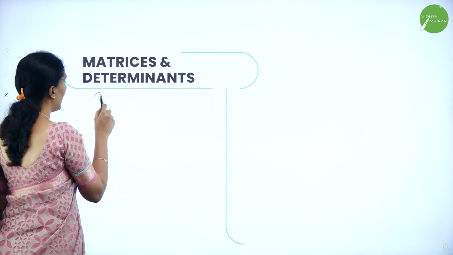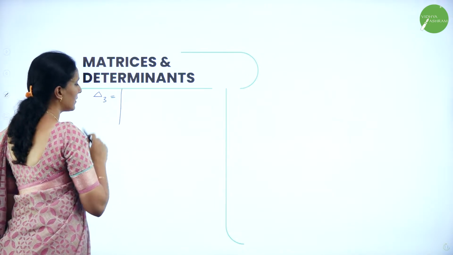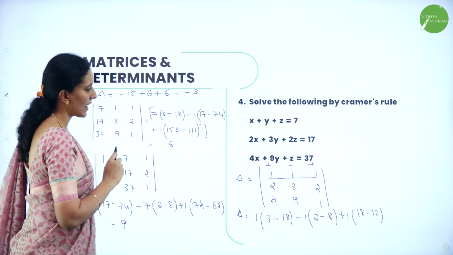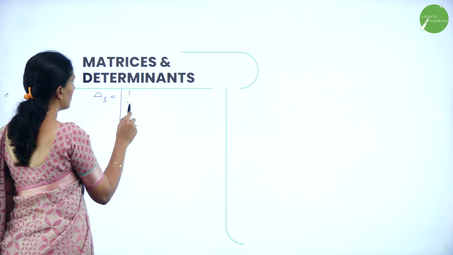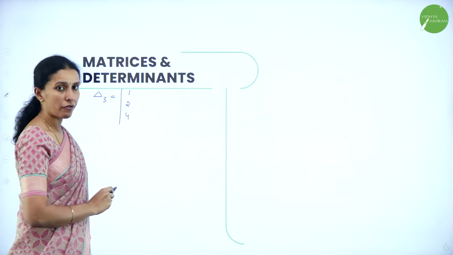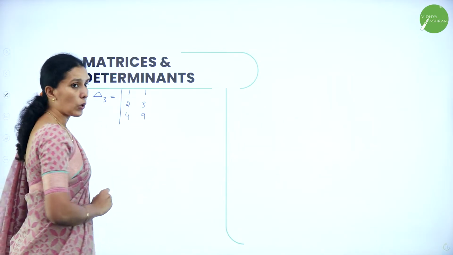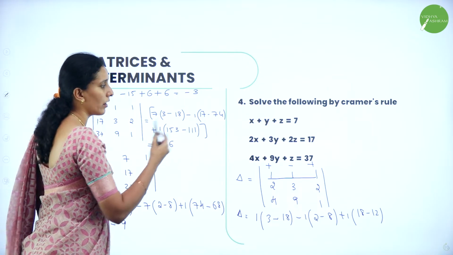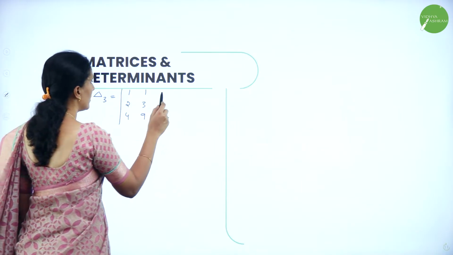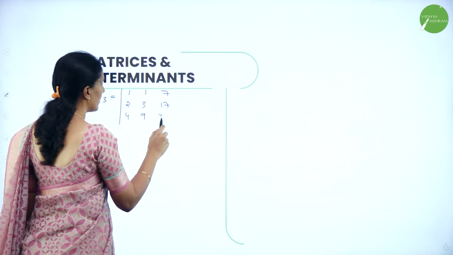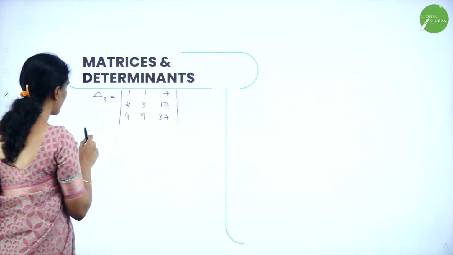Now let's check for delta 3. What is delta 3? Write the coefficients of x as it is 1, 2, 4. Write the coefficients of y as it is 1, 3, 9. Write the coefficients of z as constant, that is 7, 17, 37. Now let us expand.